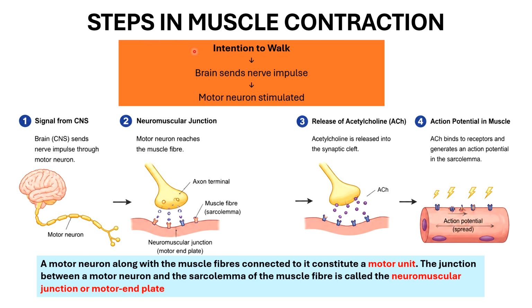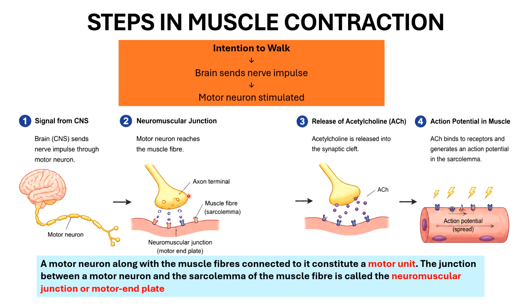Okay, the brain sets up an intention to walk. What is it? It is the signal. So the brain sends the signal as a nerve impulse to the motor neurons. These motor neurons are nothing but the neurons that are associated with the muscle fiber.